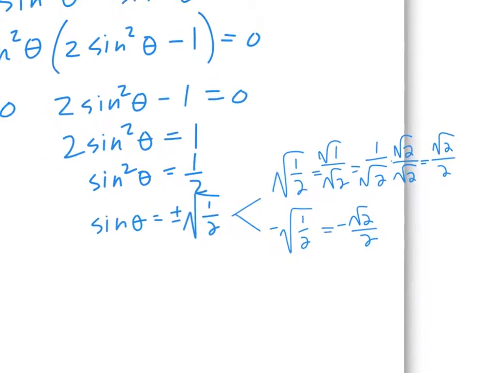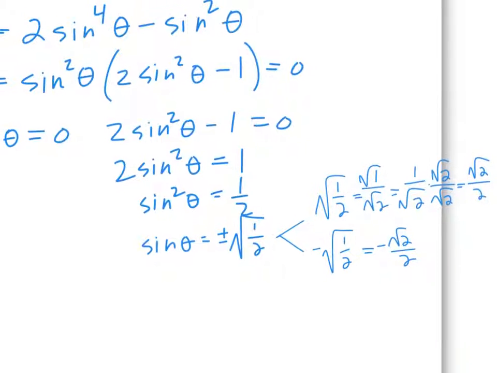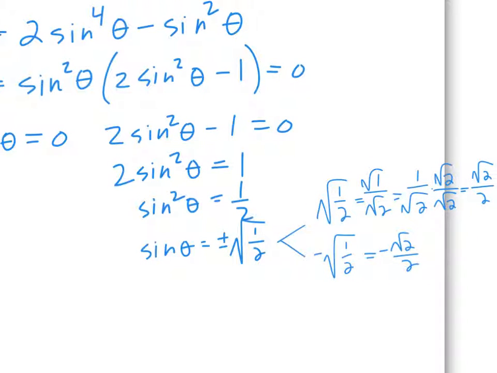All right, so now we have 3 sets of angles to solve. Sine is equal to 0. Sine is equal to square root 2 over 2. Sine is equal to negative square root 2 over 2. Go ahead and figure out what all those angles are.